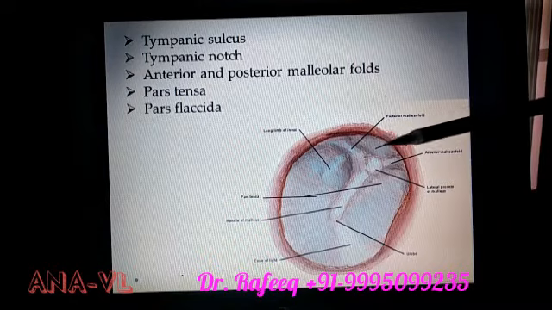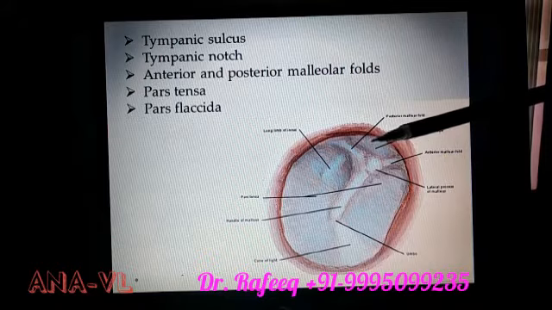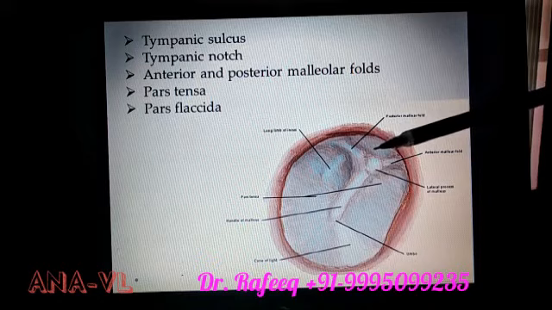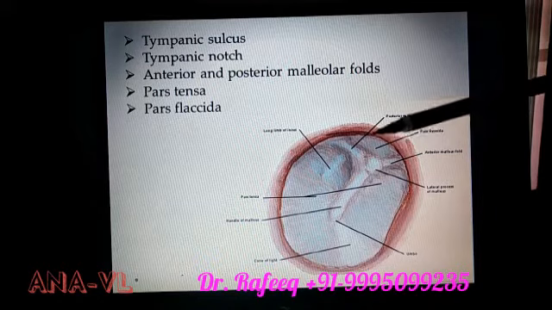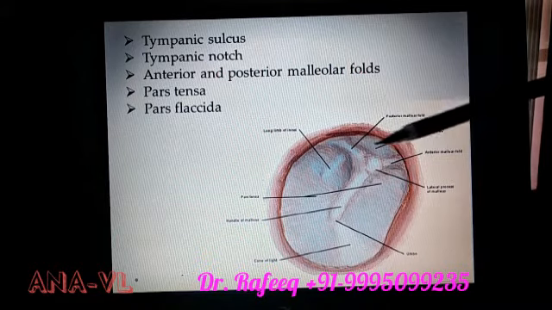But remember, at the upper aspect, this tympanic sulcus is deficient and that forms the tympanic notch. Especially the pars flaccida part of the tympanic membrane fits into the tympanic notch. Shortly I will explain what actually the pars flaccida is. Remember, in the tympanic notch there are two ends, anterior end and posterior end.